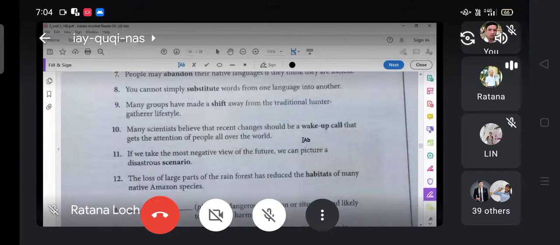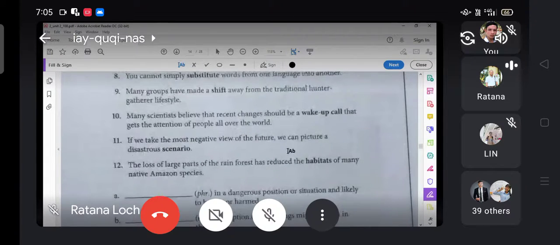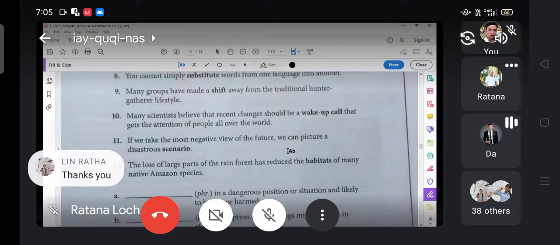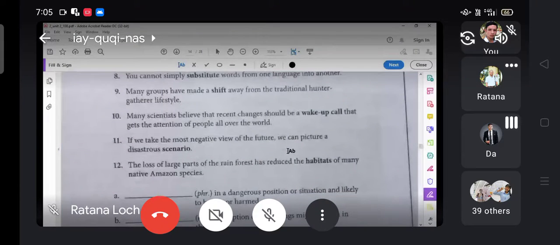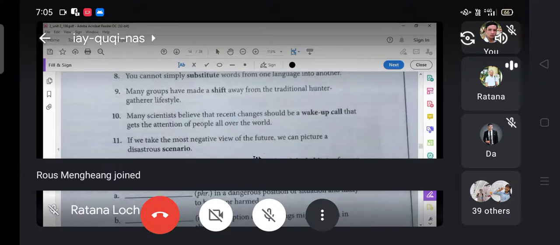So be careful, especially people of old age, senior people. Okay. Now we go to scenario. In Khmer we have scenario, right? Yes, sir. Scenario always happens with the director or producer to make a story. So here they focus on the negative use of the future.